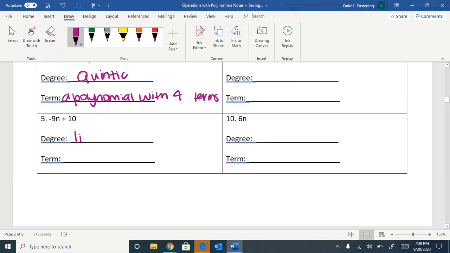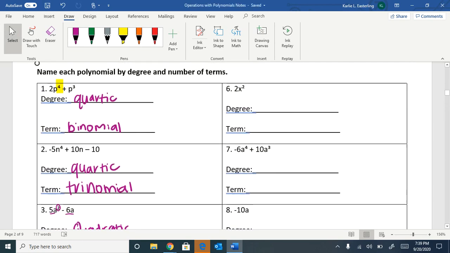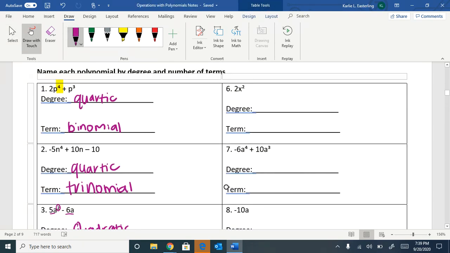Number 5, we are looking at a linear based off degree, and then a binomial based off terms. So we'll scroll up to the top and look at number 6. Our degree here is a quadratic. Sorry, excuse me. Hopefully you got it right. And we are looking at a monomial here because we only have that 1 term.